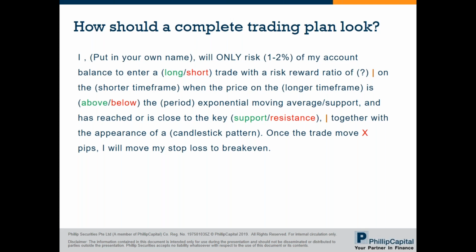Together with the appearance of a candlestick pattern, a technical indicator or a chart pattern, that is your trigger. After that, the statement says once the trade has moved X number of pips, I will move my stop loss to break even. That is under the post-trade management part of it.